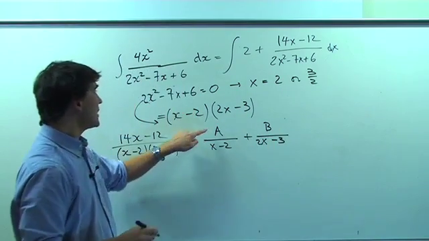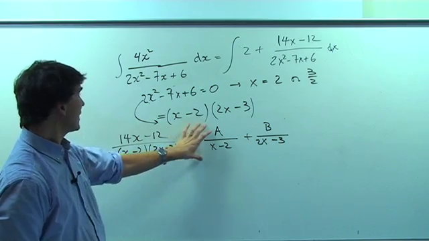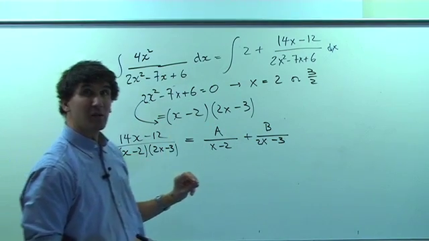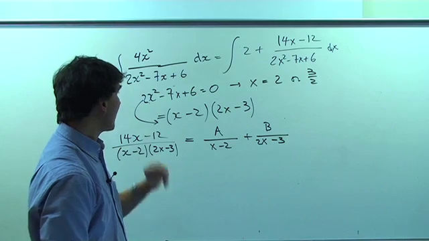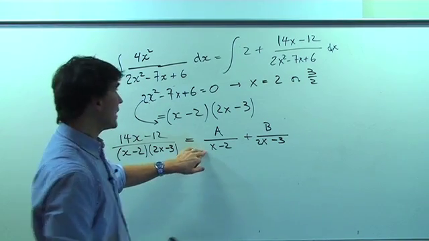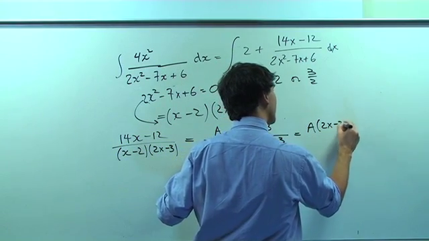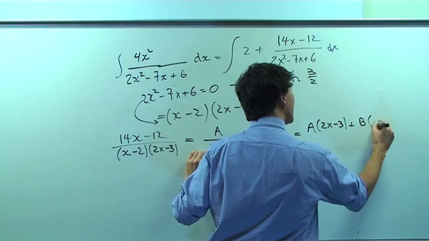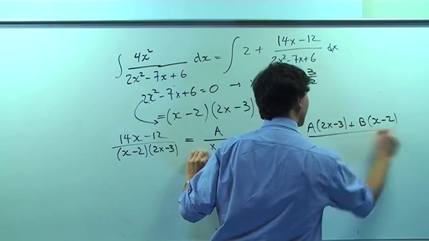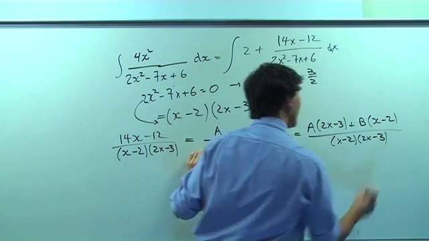And we need to choose these numbers a and b so that these two things on the left and on the right are identical. So they're exactly the same for any value of x. So to proceed with that, we'll put this over a common denominator. So that is a times 2x minus 3 plus b times x minus 2, all divided by x minus 2 times 2x minus 3.